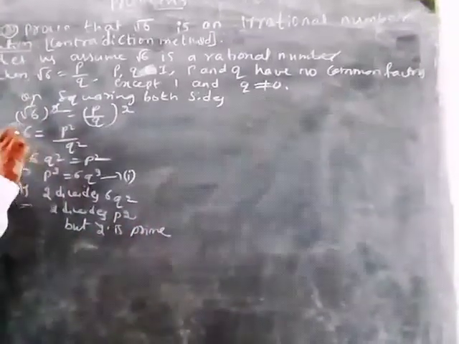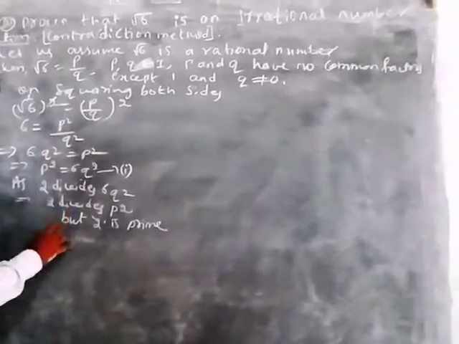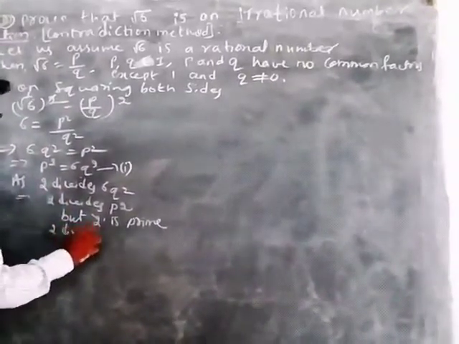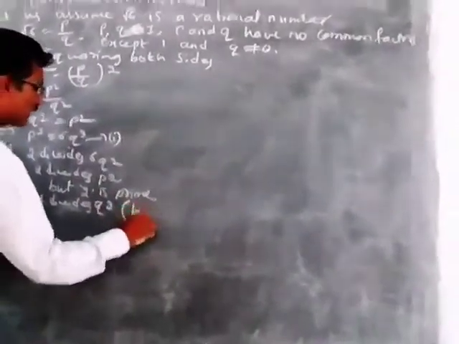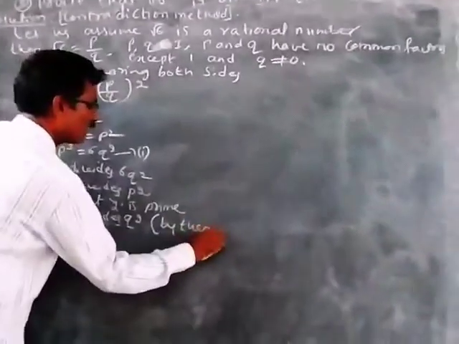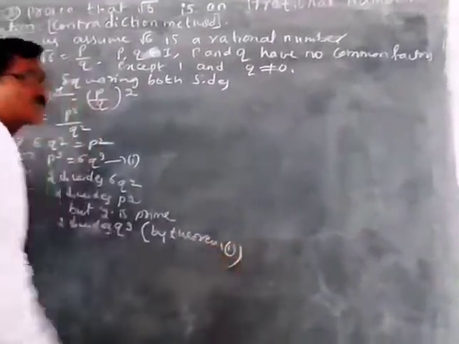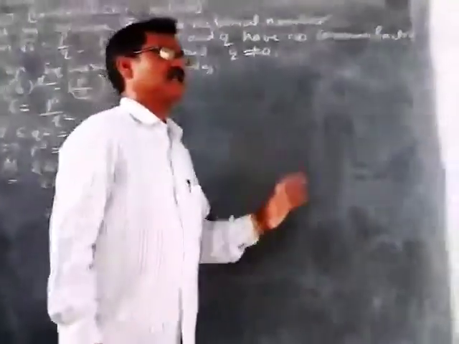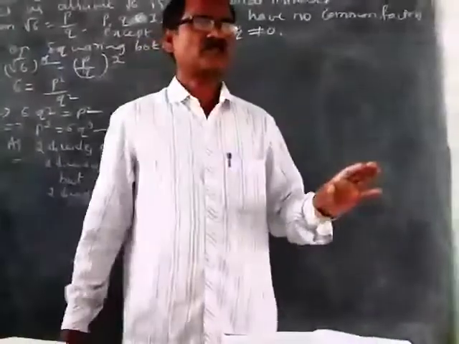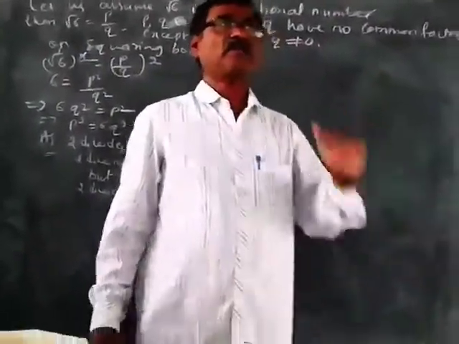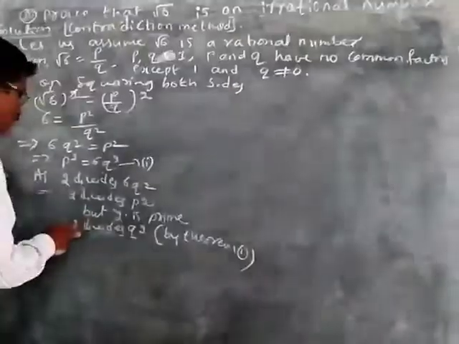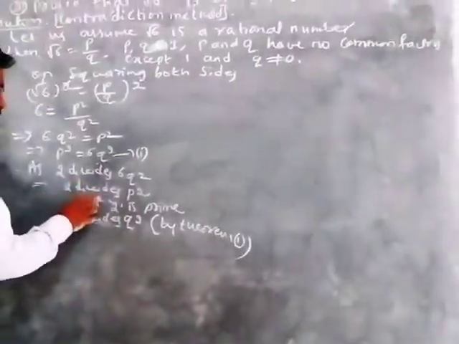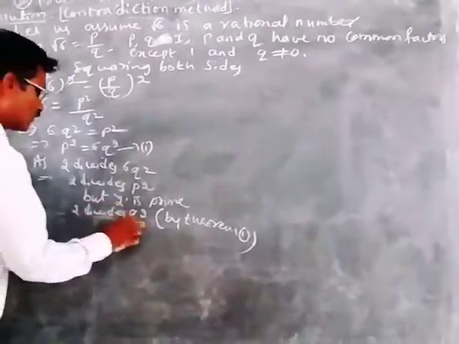So by theorem 1, 2 divides P. What does theorem 1 say? If p is a prime number and a is a natural number, and p divides a square, then p divides a. Here, instead of a, we have P. That is, 2 divides P square, so 2 divides P.